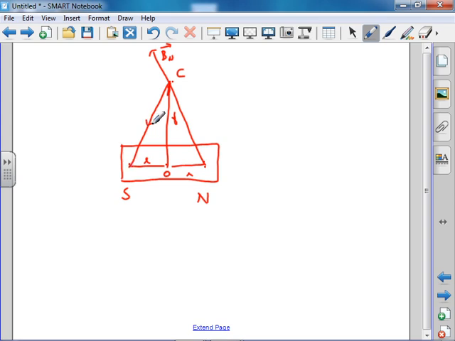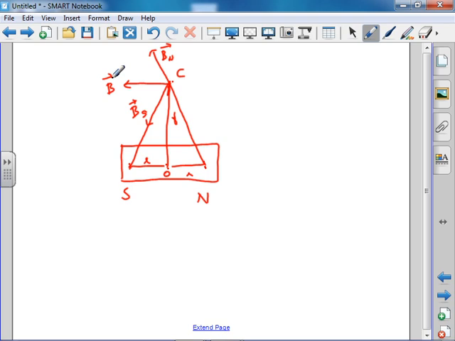So it is denoted here as Bs vector, where Bs vector is the magnetic field due to this south pole of the given bar magnet. So two magnetic fields: one is the magnetic field due to the north pole, Bn vector, and the other is the magnetic field due to the south pole, Bs vector. But where will be the resultant magnetic field due to these two? It lies along the B vector.